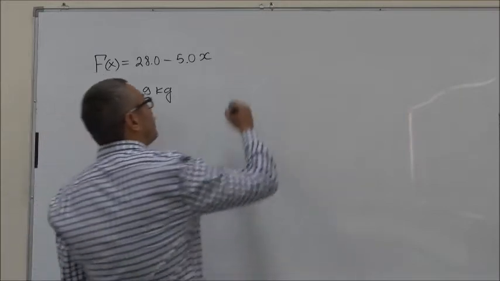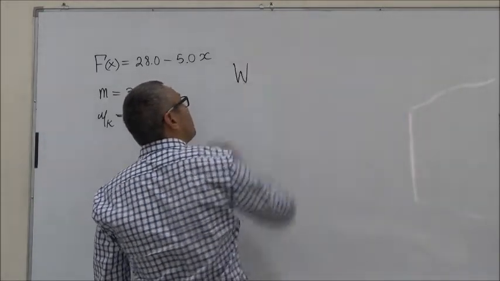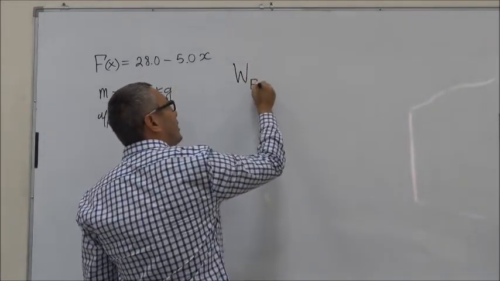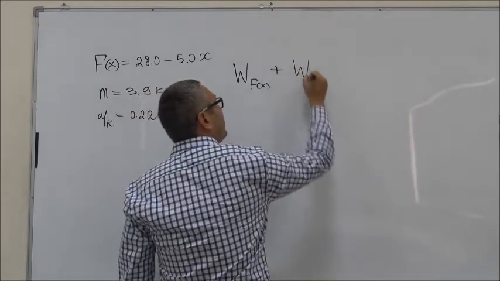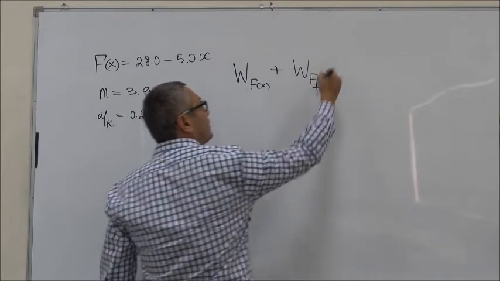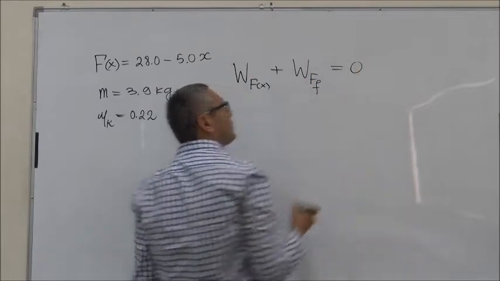So the mathematical condition that is set is that the work done by the force F plus the work done by the friction force combined is equal to 0.